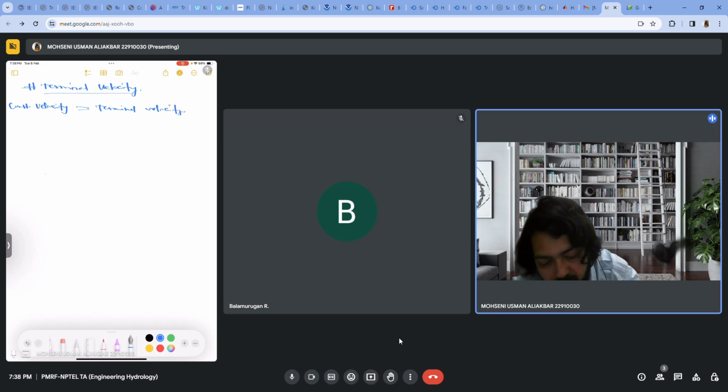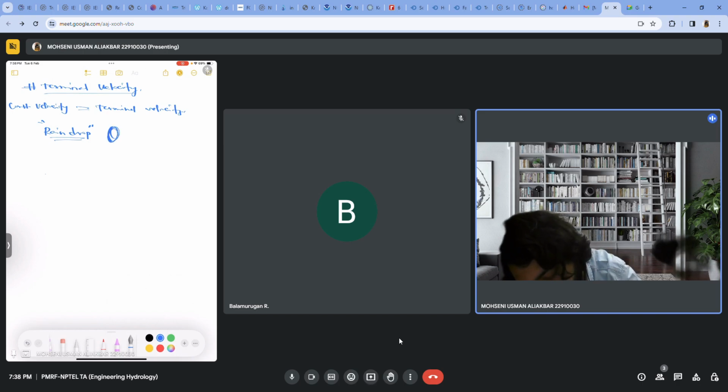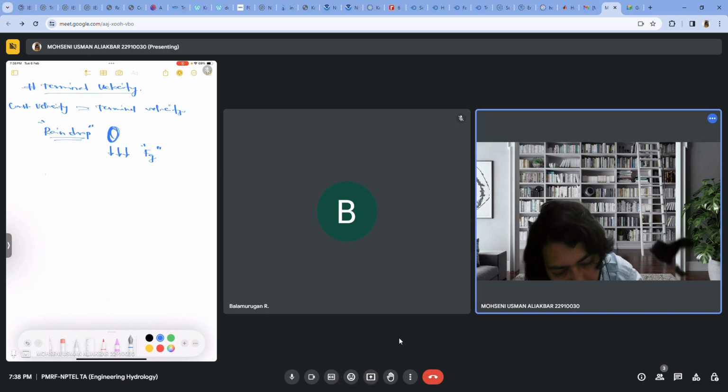We have already studied this, but for a metal body. Now we are going to talk about it in terms of liquid. Let us say there is a spherical raindrop which is falling. Why is it falling? Because of gravitational force, and there are two different forces which are going to oppose this.